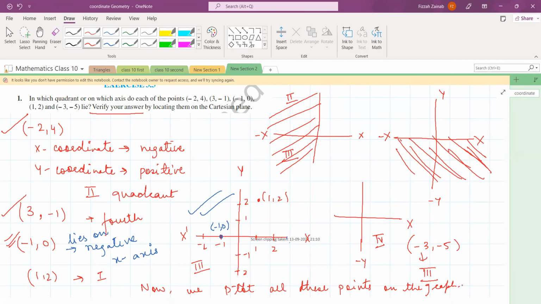Okay, do one thing very quickly. Just make a rough graph on your copy, equal distances, right? Because they are not large numbers, I think maximum up to -5 it is going. So just mark 5 on each side, 5 here, top 5 and -5, and plot it and send me a picture quickly. All these points.